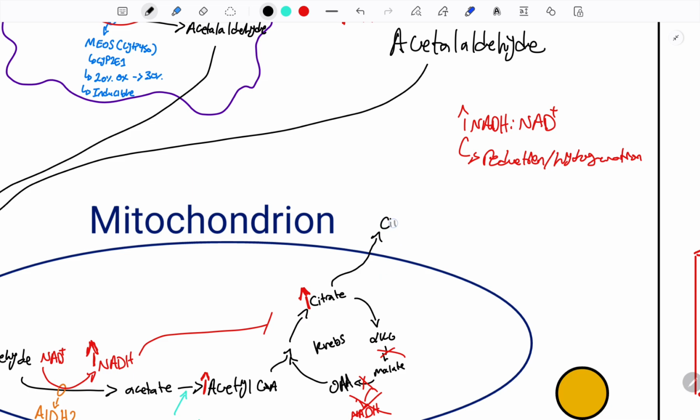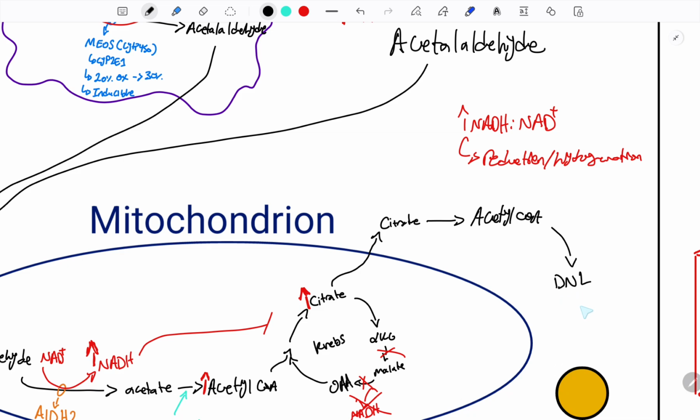How does that happen? Well, this citrate here comes out, right? And it'll be acted on by specific enzymes to make acetyl-CoA, okay? And then this acetyl-CoA, again, will be acted on by further enzymes, which can eventually put it towards the pathway of de novo lipid synthesis.